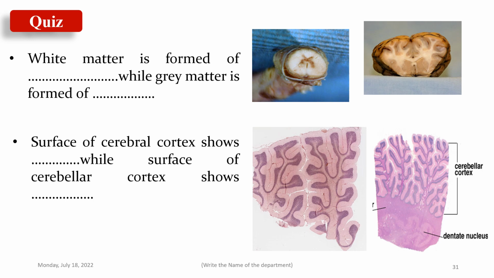Excellent. As regards the following question, the surface of the cerebral cortex shows what, while the surface of the cerebellar cortex shows what? The surface of the cerebral cortex shows sulci and gyri. Excellent. Meanwhile, the surface of the cerebellar cortex shows folia. Excellent.